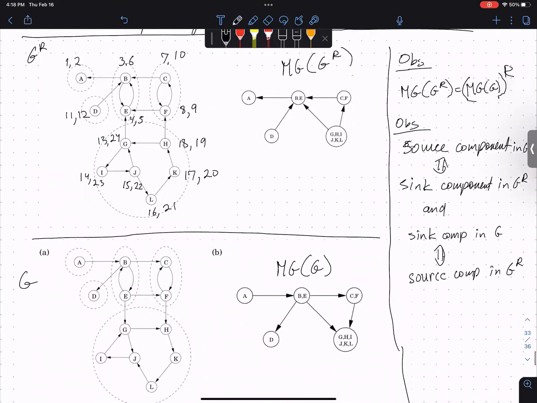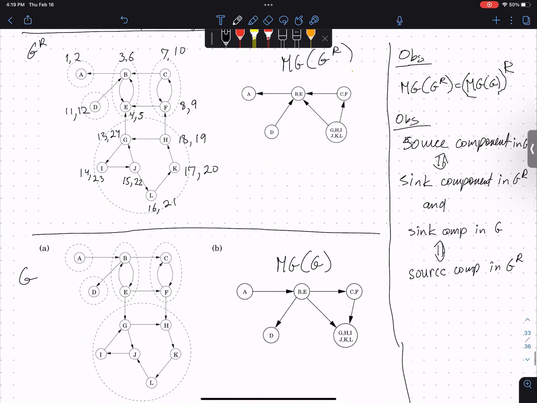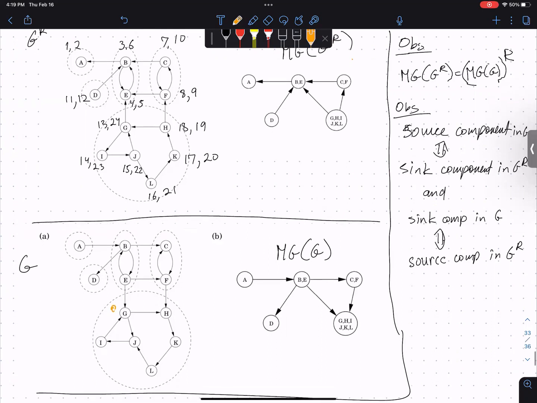In our case, G is this graph here, and the reverse is the one above, the one we were looking at earlier, where we ran DFS at the beginning of the lecture and got all the post numbers. So we start with the highest post number, here G, we label it with 0, and we explore everything from there.